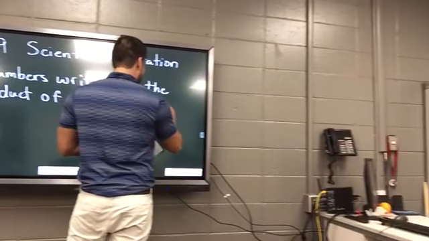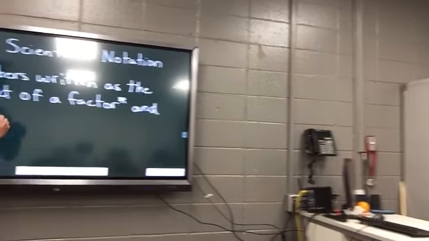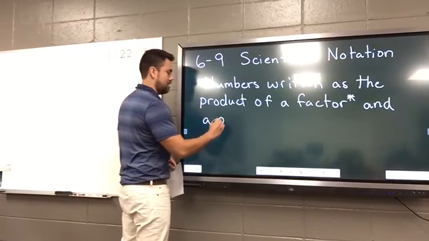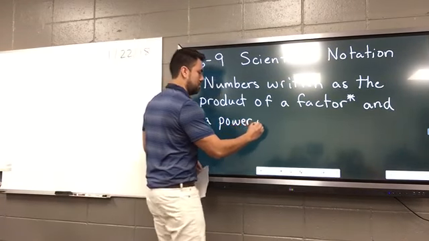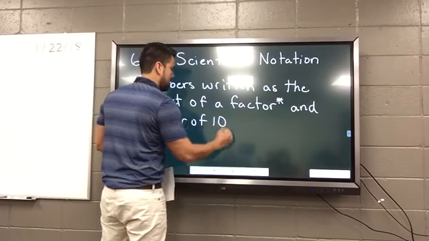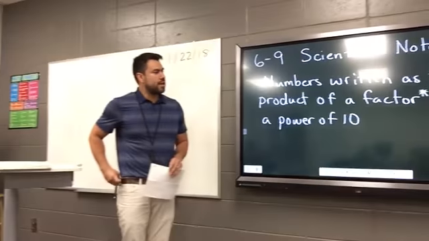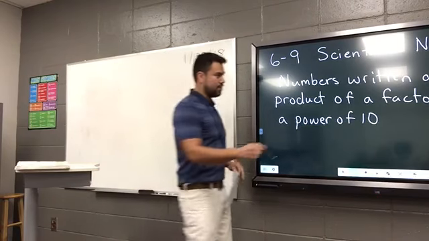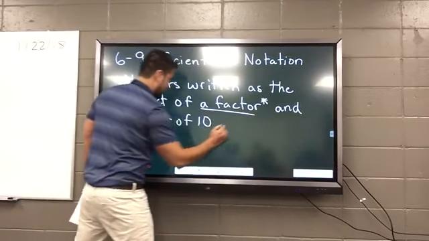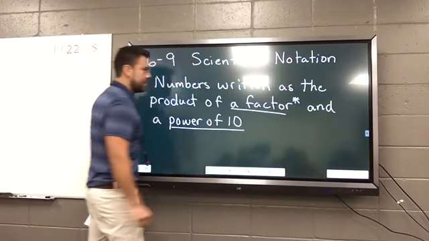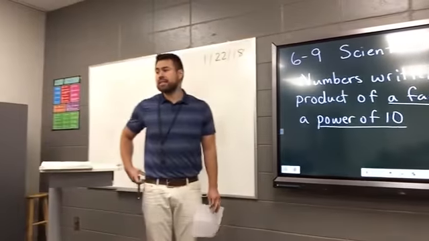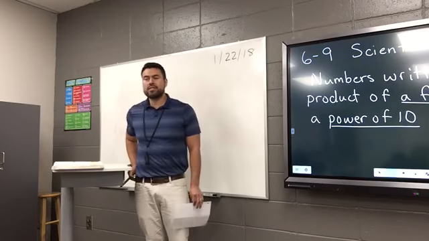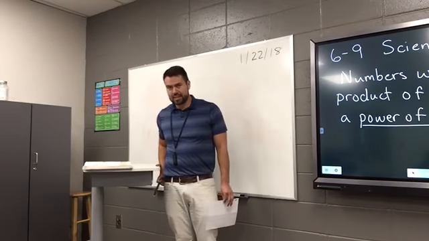And a power of 10. So numbers that are written as a product of a factor and a power of 10 are said to be written in scientific notation. Now, do you guys know what that asterisk means?